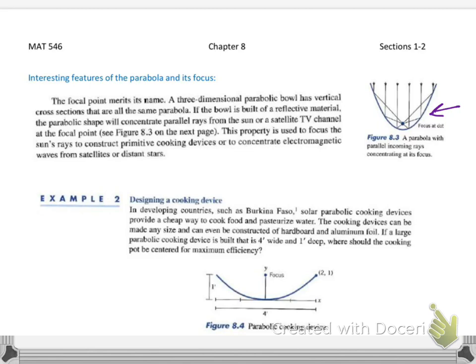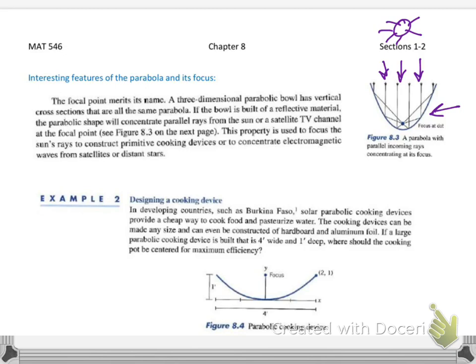This property is used to focus the sun's rays to construct primitive cooking devices. That's kind of a cool thing. If you think about this being a cooking bowl and the sun's rays are coming in this way, as it bounces off the parabola, all the energy will be focused at that dot.